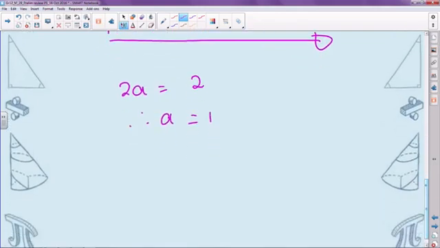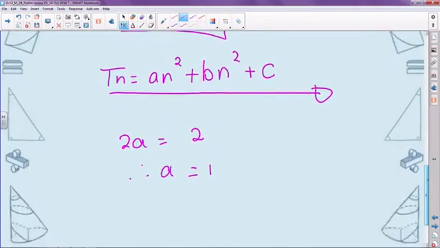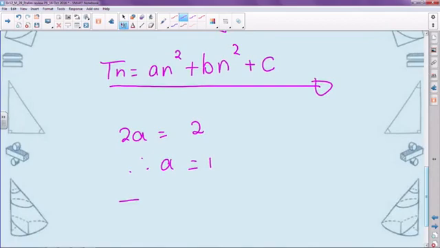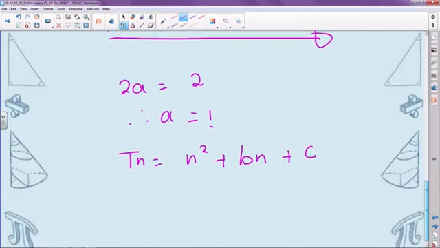All right. Now, there's different ways to find the other values in that quadratic sequence. So far we've got Tn is equal to an squared plus bn plus c. Okay, so we know that a is 1. I've just replaced a with 1, so I get n squared plus bn plus c.